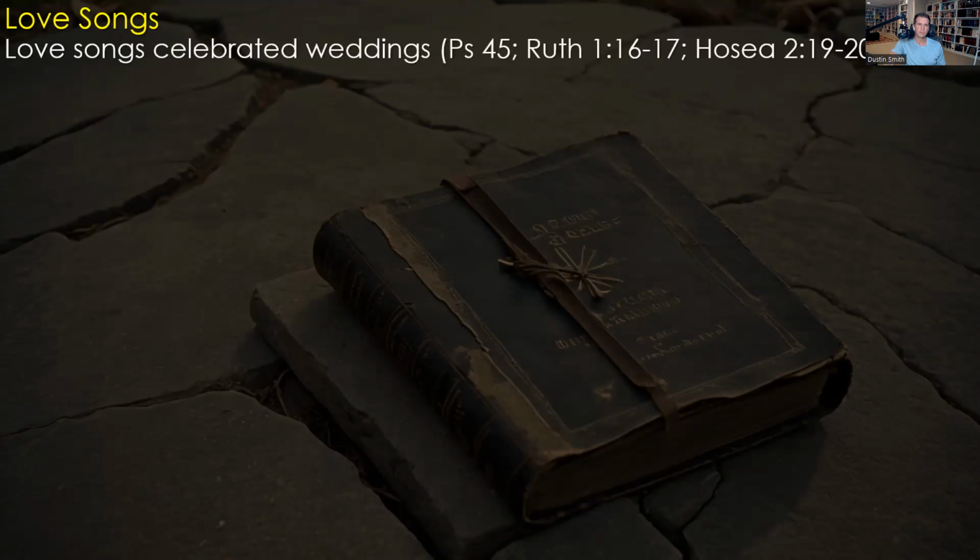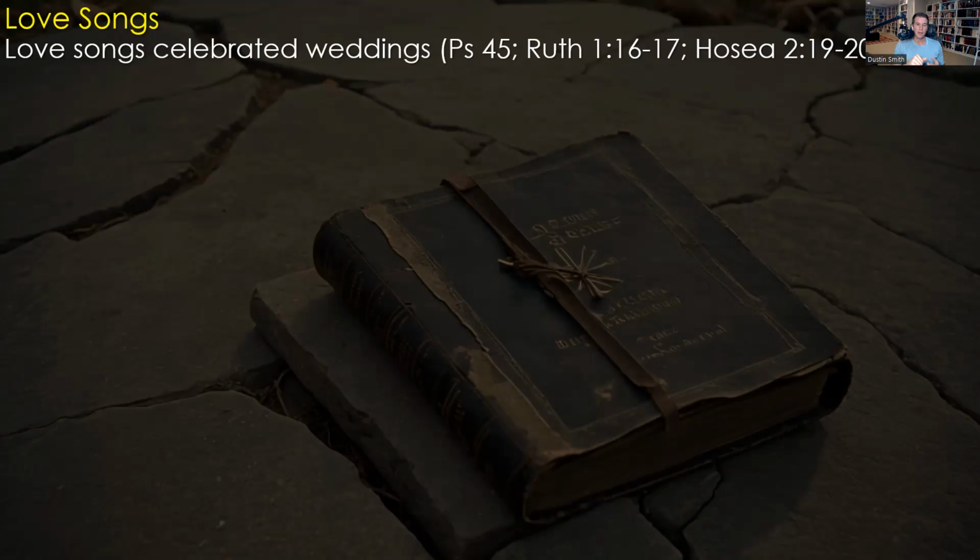So love songs are celebrated often at weddings. Like Psalm 45, which is a really, really important one. We'll look at this here in a second. Psalm 45 was probably read at a variety of weddings involving the Davidic king.